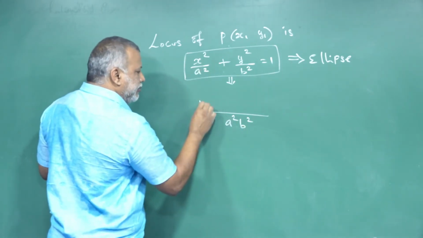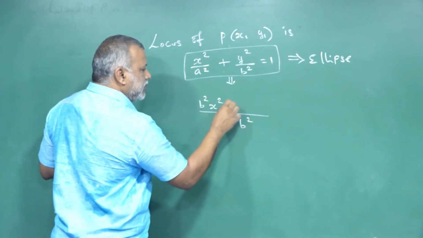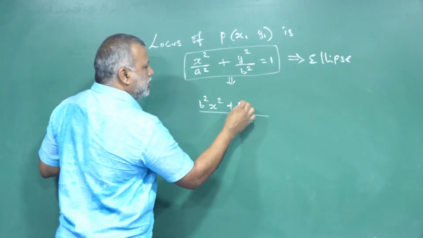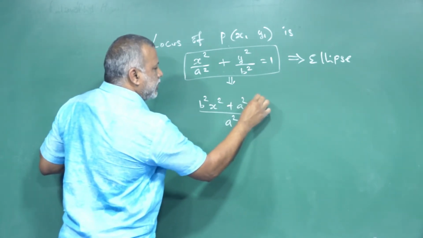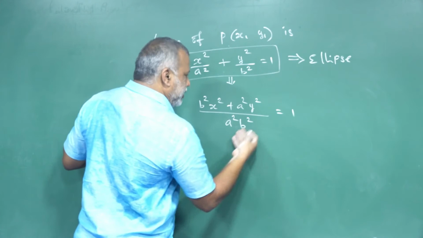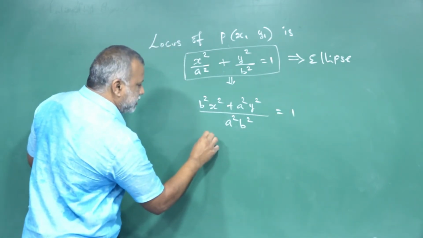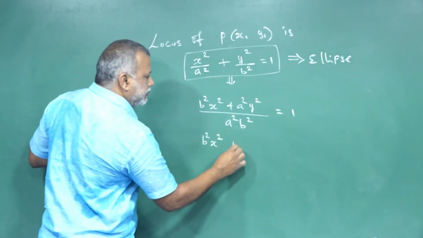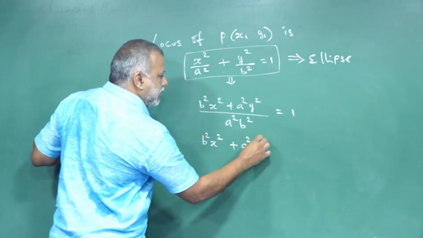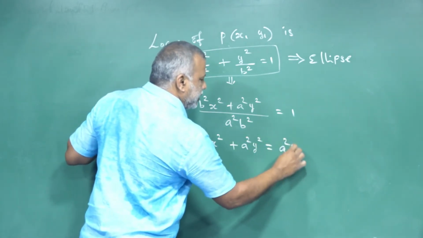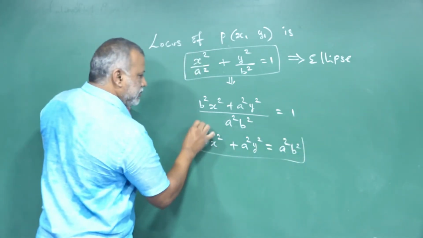Then we get b squared x squared plus a squared y squared equal to 1 over the LCM. Then if you are cross multiplying, we get b squared x squared plus a squared y squared is equal to a squared b squared.